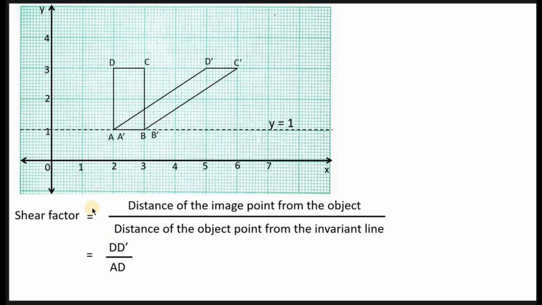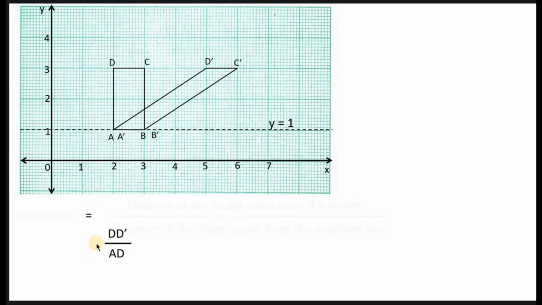All right, so in this case we can even continue finding it. We say D D prime, we can say how long it is, like we count from here 1, 2, 3, so we put 3 over, then from A to D here we count 1, 2, so you divide.